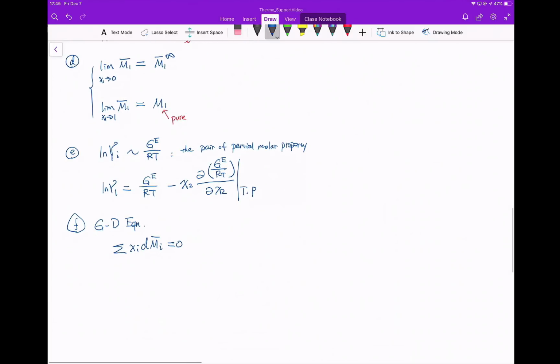So for a binary system, this is x1 dm1 partial plus x2 dm2 partial will be 0.